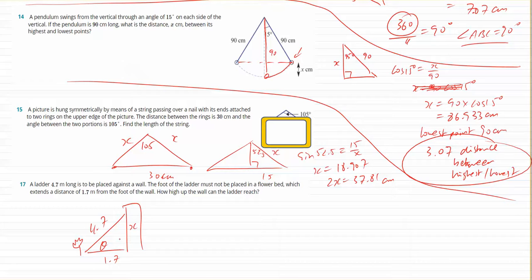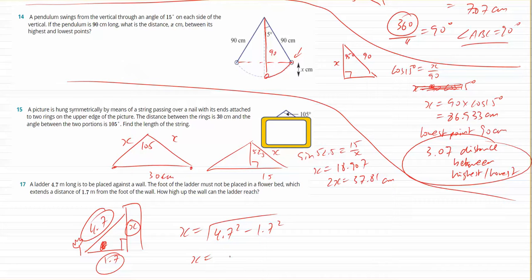In this case, we can use Pythagoras because we've got two sides: that side and that side, and we don't really need the angle. We know that's a right angle because it makes a right angle with the wall. We're trying to find the shortest side, so x equals the square root of the hypotenuse squared minus the short side squared.